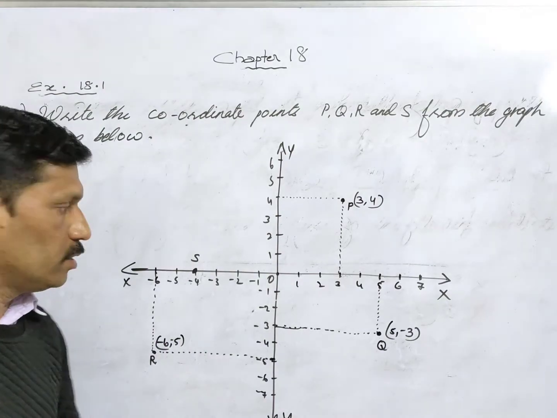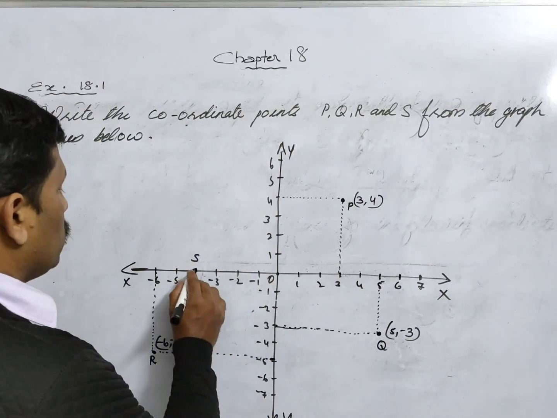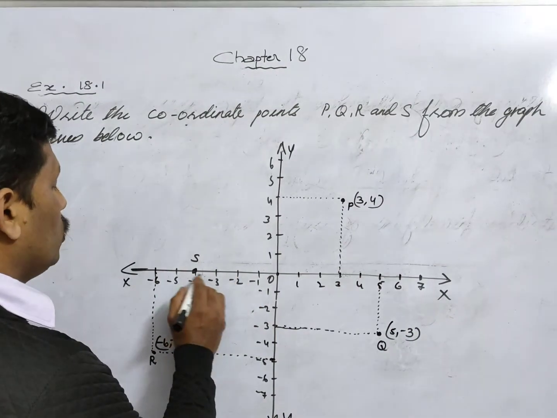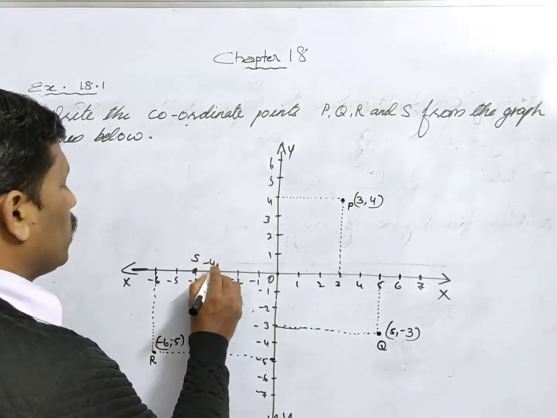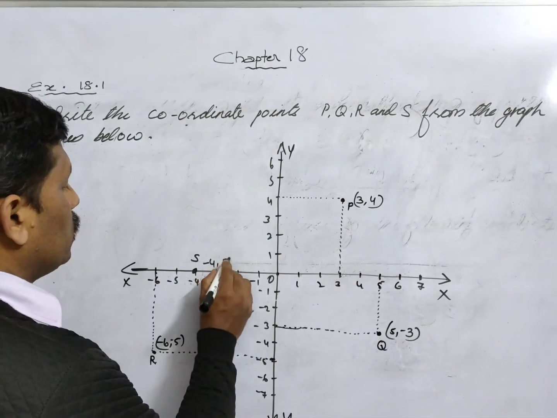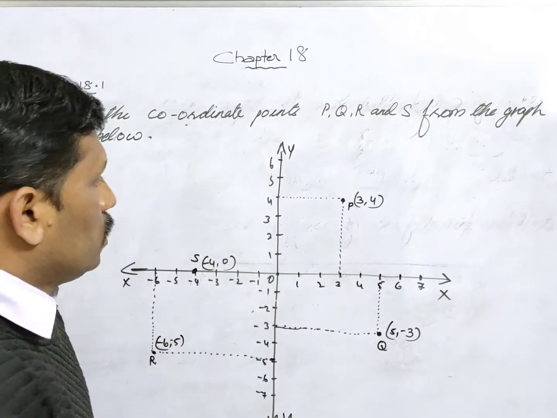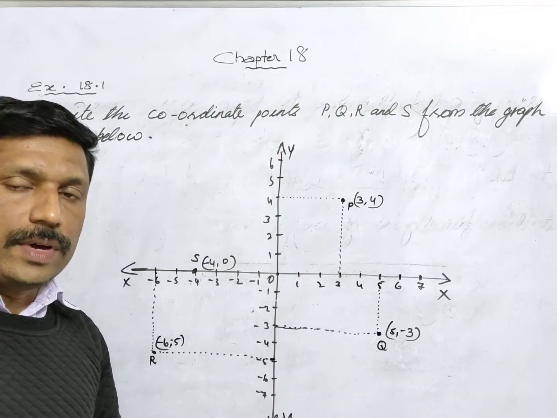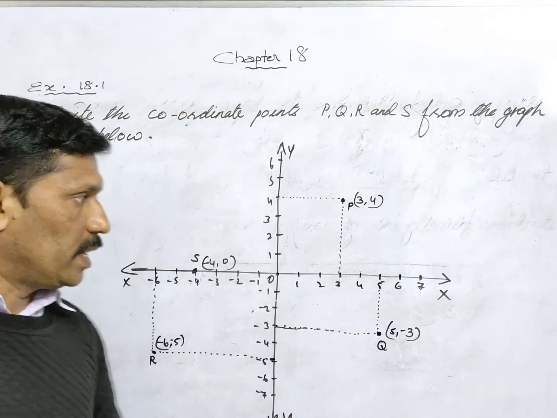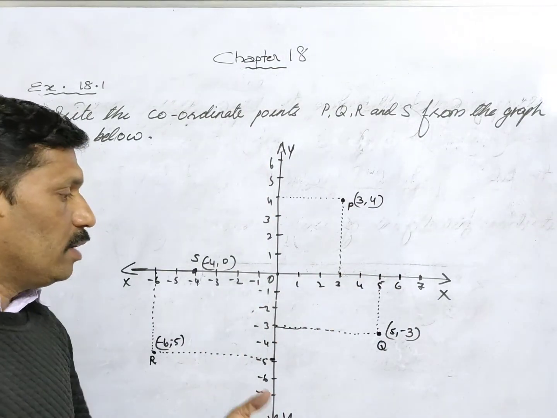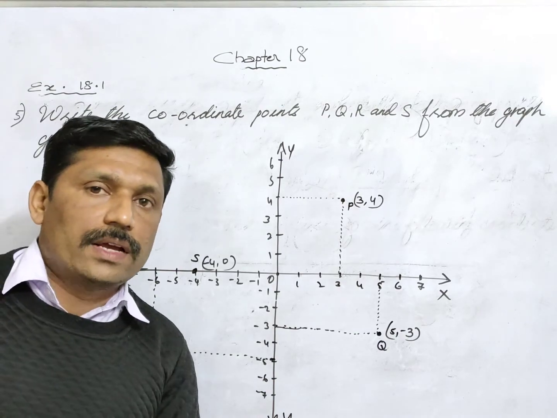And next S, and here you can see that S lies on the x-axis. Here x coordinate is negative 4, and y coordinate is 0. So in this way, students, we can find out the coordinate of any points on a Cartesian plane. This is known as Cartesian plane, and in this way we locate the points on a Cartesian plane.